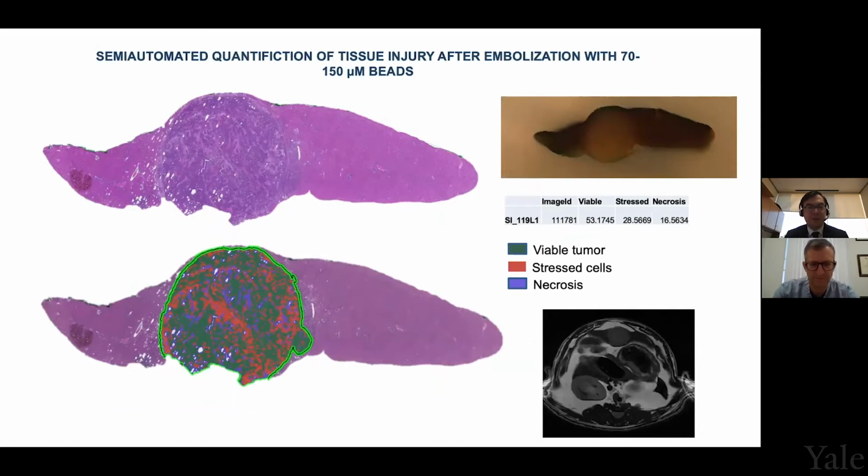This is a typical HCC tumor in our rat model. This also illustrates something important about our rat model, which is that the underlying liver in this particular model is normal, which is a limitation of the model. You can see here gross pathology, how it looks like in an MRI, and how we use automated pathology, which is then revised by our pathologists to quantify the different fractions of the tumor.